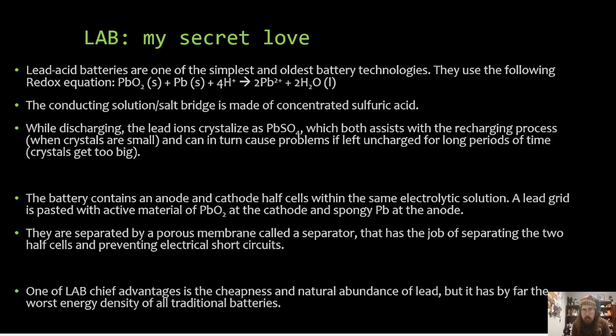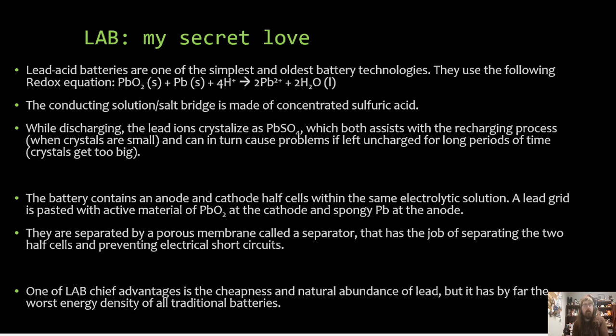The crystals form onto this web. Now, this helps with the recharge, because when you recharge the lead acid battery, you're converting the lead sulfate back into either lead zero or the lead oxide.